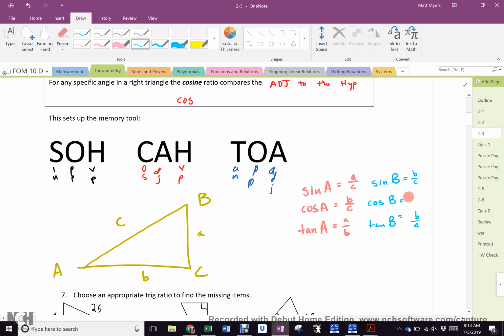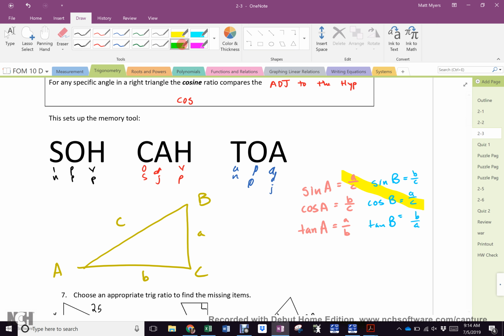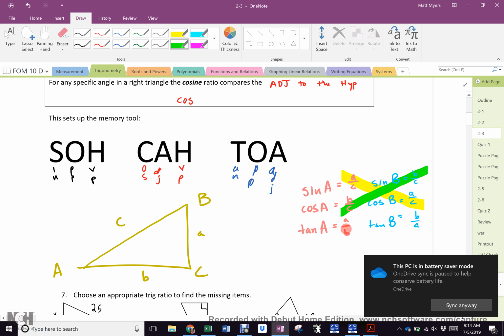And what is the cos of b? A over c. Please notice the patterns. The sine of one is the cos of the other, and the tangents are reciprocals.